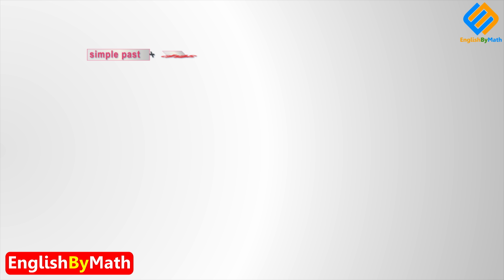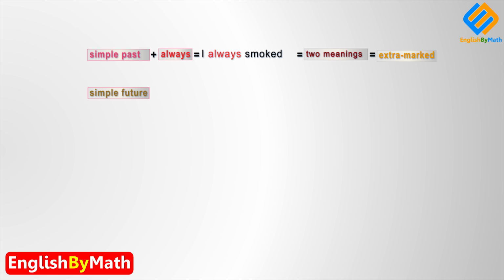Simple past plus always, I always smoked, two meanings, extra marked. Simple future plus always, I will always smoke, one meaning, extra marked. Because the simple future is extra marked, it allows for change of state only as discussed earlier.